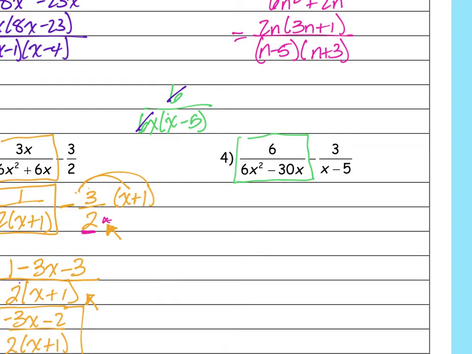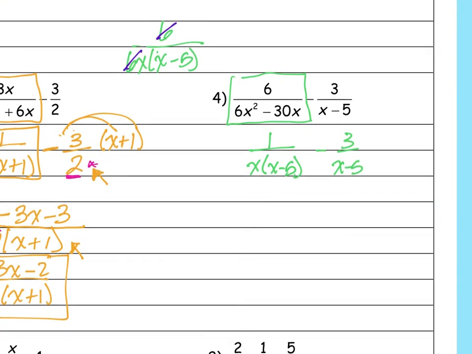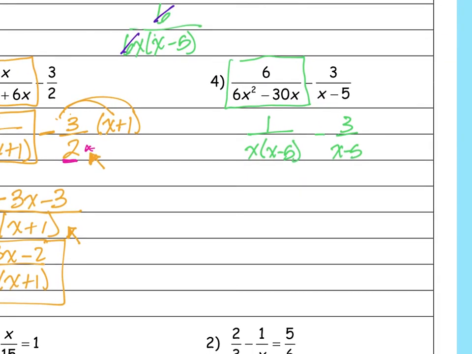So this new term is going to be 1 all over x times x minus 5, minus 3 over x minus 5. Okay? So now I want to know what my common denominator is. So I'm going to use everything that's in this denominator, which is going to be x times x minus 5.